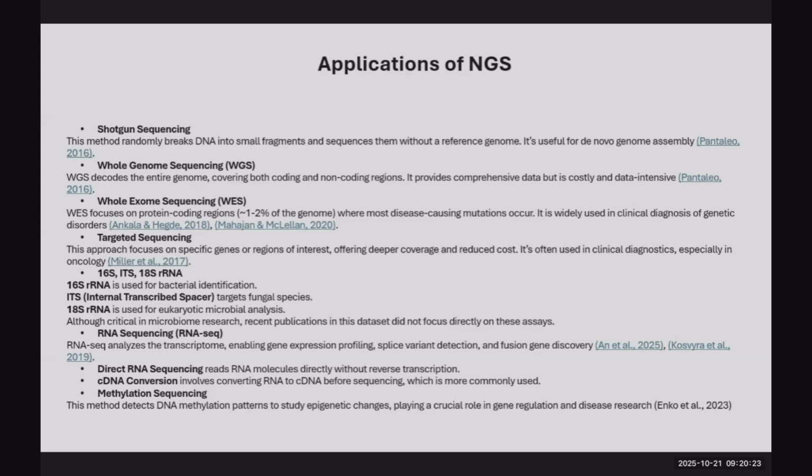You can find the structural variants and lots of information about coding regions and non-coding regions at the same time. And that was done in around 2016. Whole exome sequencing focuses on only the exome regions.